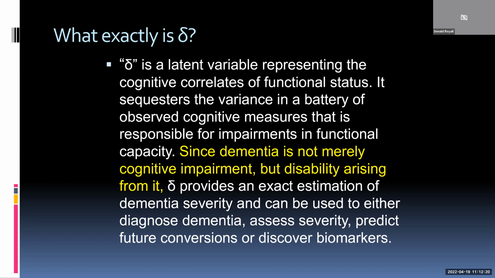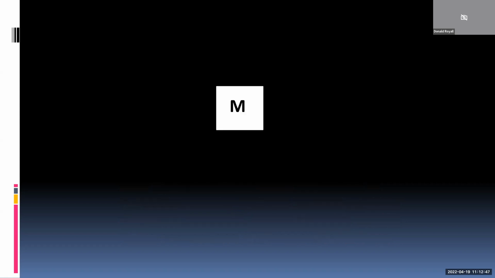And since dementia isn't merely cognitive impairment, but the disability arising from it, then Delta provides an exact empirical estimation of dementia severity that can be used to either diagnose dementia or assess severity, equate different disorders for their dementia severity, or predict future conversions to demented states and discover dementia-specific biomarkers. So it has lots of advantages to look at it this way.